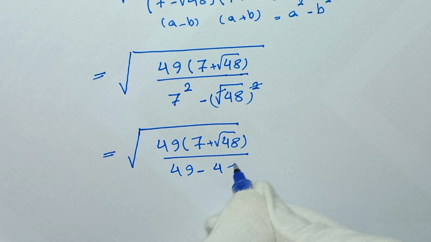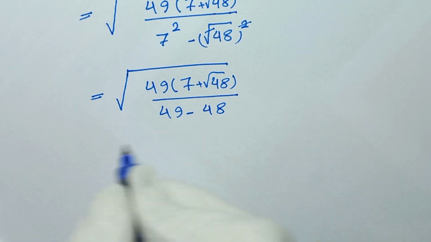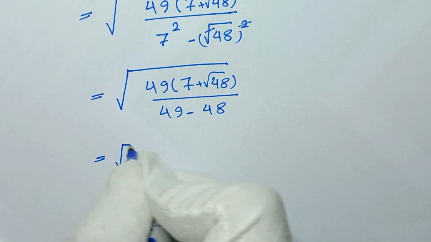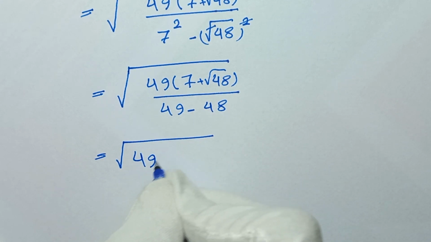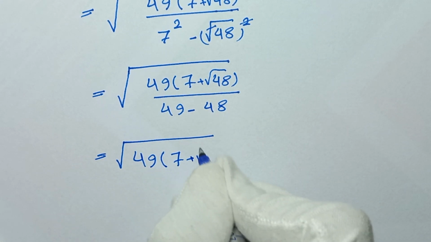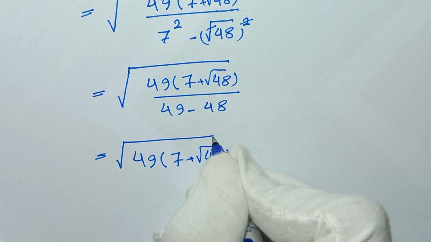It will be the square root of 49 times 7 plus the square root of 48 over 7 squared, which is 49, minus, here the square and square root cancel, so 48. And 49 minus 48 will be 1, so we can write this as the square root of 49 times 7 plus the square root of 48.